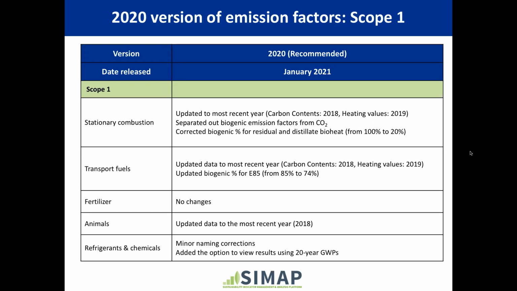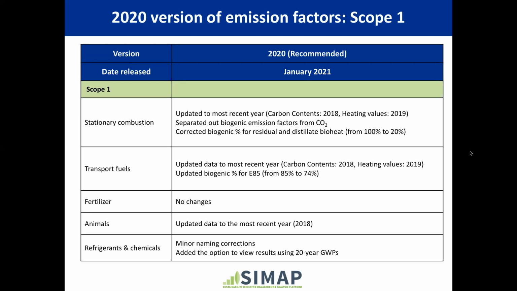The coal emission factor is increased by less than 1%, and all of the other stationary combustion emission factors have been reduced by less than 1%, in most cases less than 0.1%. So very small changes there, probably not even that noticeable.